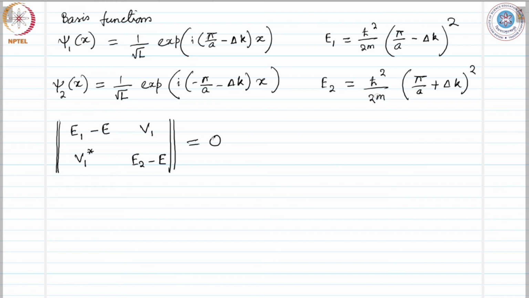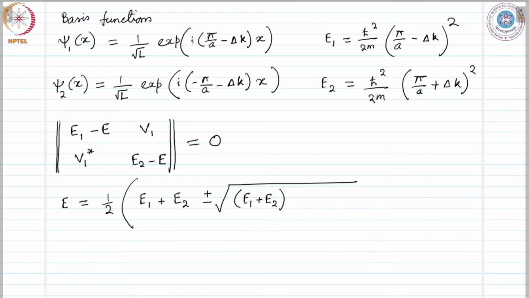If we have this, then the eigenvalues can be calculated: E equals half of E1 plus E2, plus minus square root of (E1 plus E2) squared plus 4 times V1 absolute value squared.